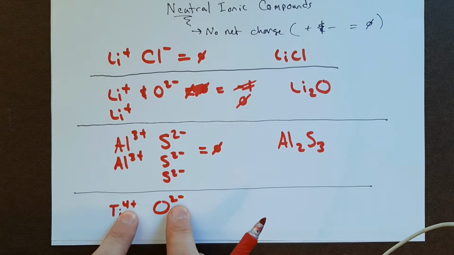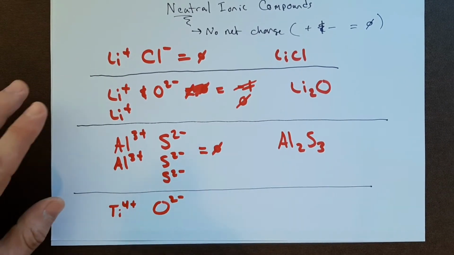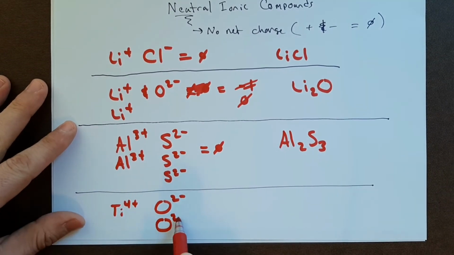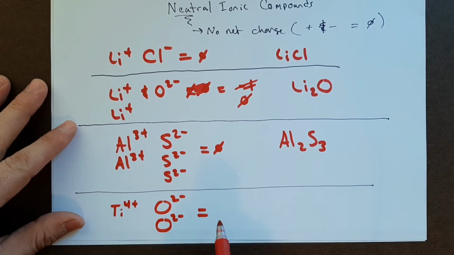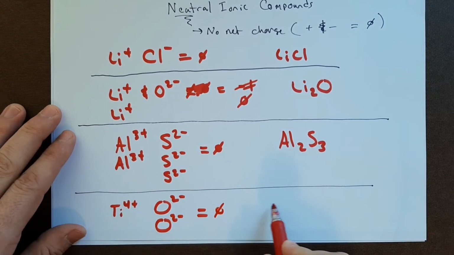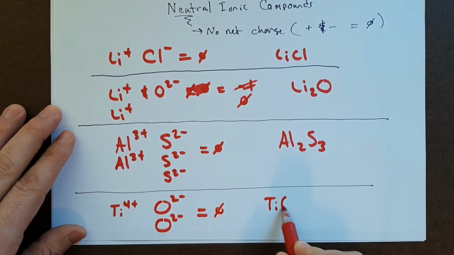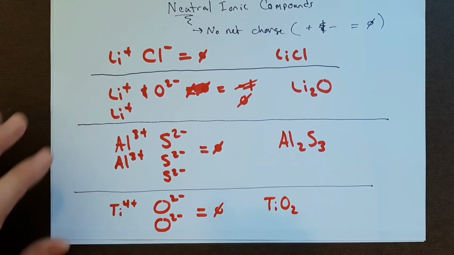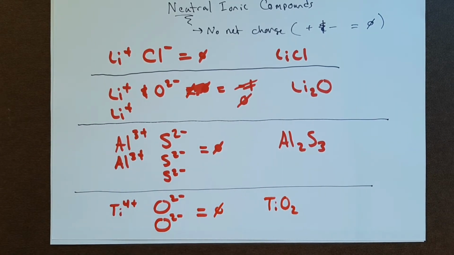So again, 4 positive, 2 negative don't add up to 0. So we're going to need to add another oxygen, 2 negative. 2 plus 2 is 4. 4 negatives, 4 positives adds up to 0. So we're going to have TiO2 for our formula. Works out like that all the time.